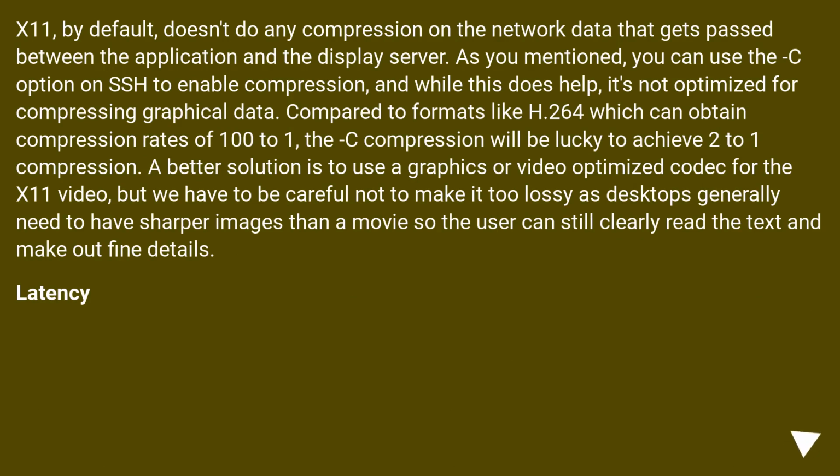Compared to formats like H.264, which can obtain compression rates of 100 to 1, the -C compression will be lucky to achieve 2 to 1 compression. A better solution is to use a graphics or video optimized codec for the X11 video, but we have to be careful not to make it too lossy, as desktops generally need to have sharper images than a movie so the user can still clearly read the text and make out fine details.